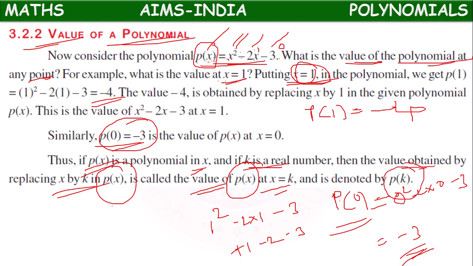If we keep 1 in the place of x, the value is called p of 1. If we keep minus 1, it is called p of minus 1. If we keep 3, p of 3, like that. So at any point we can find the value of p of x. At different points, the polynomial will have different values.